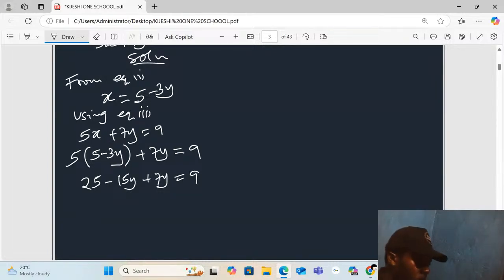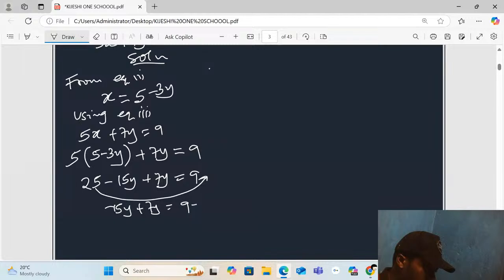So you move 25 to the other side and remain with negative 15y plus 7y, which will give us 9 minus 25. Negative 15 plus 7 will give us negative 8y.